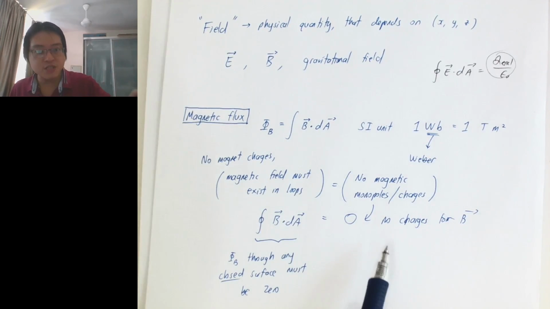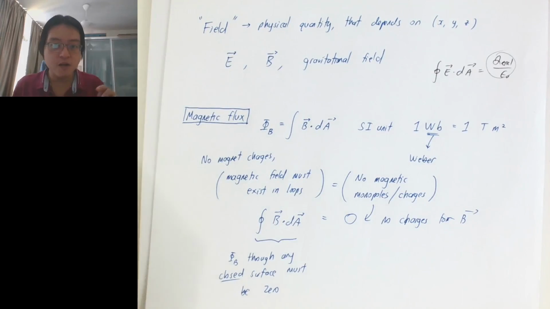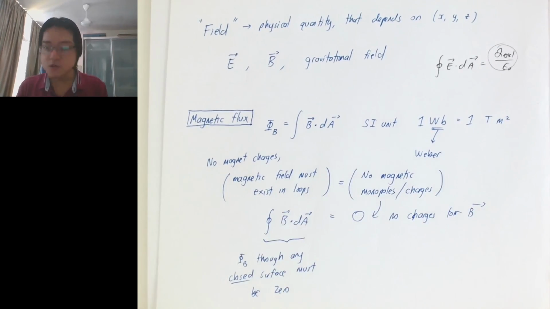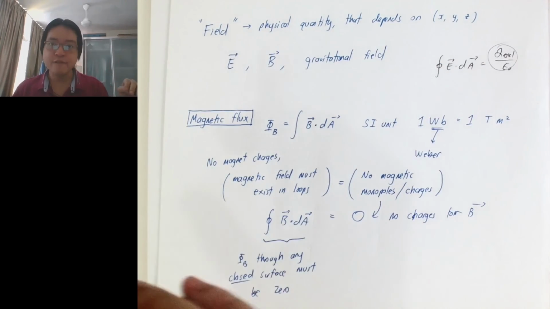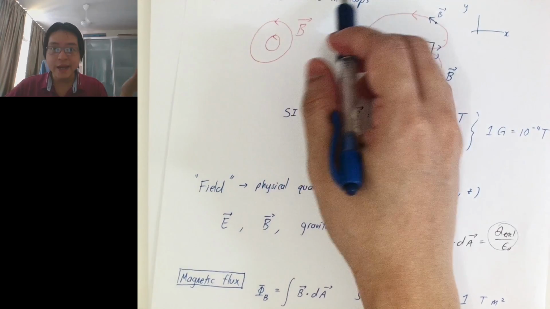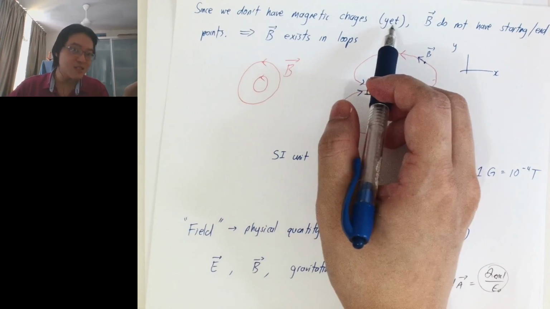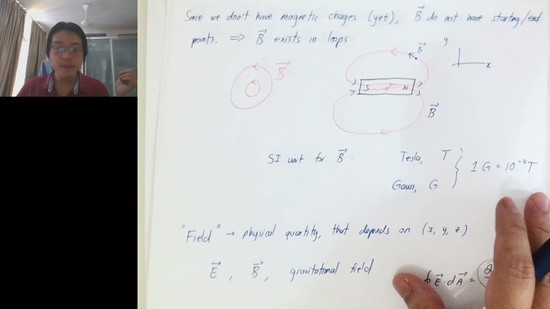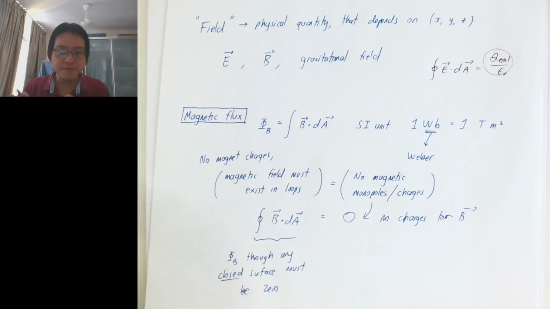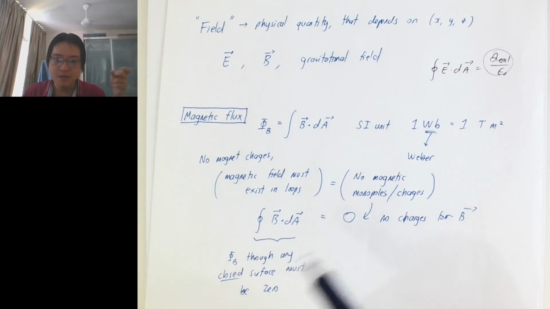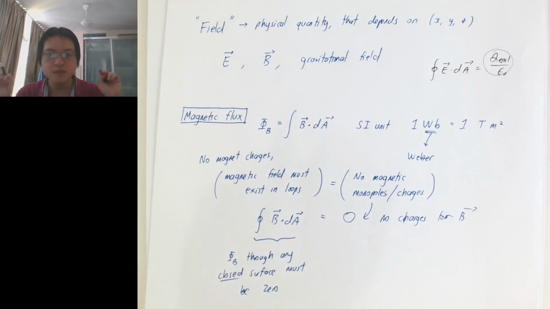As long as there are no charges, the flux through any closed surface is going to be 0 for the magnetic field, because we have no magnetic charges, at least not yet. We have been doing experiments for the past few hundred years and have not found magnetic charges, so we shall treat this equation to be true at the moment.